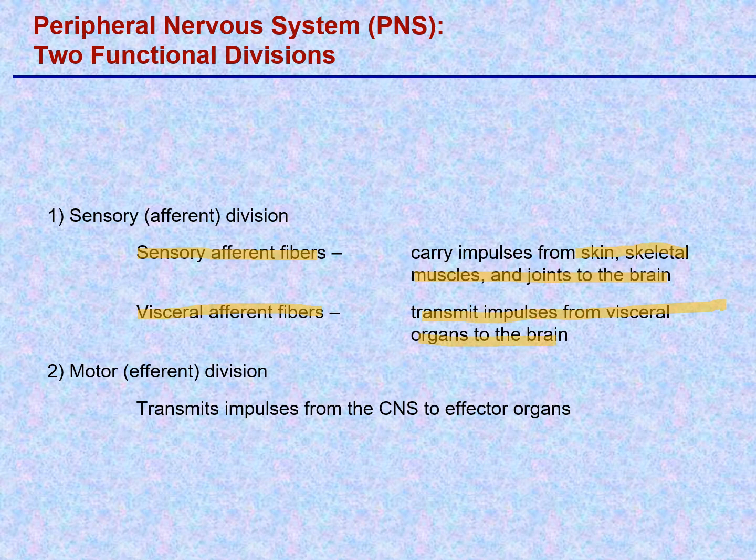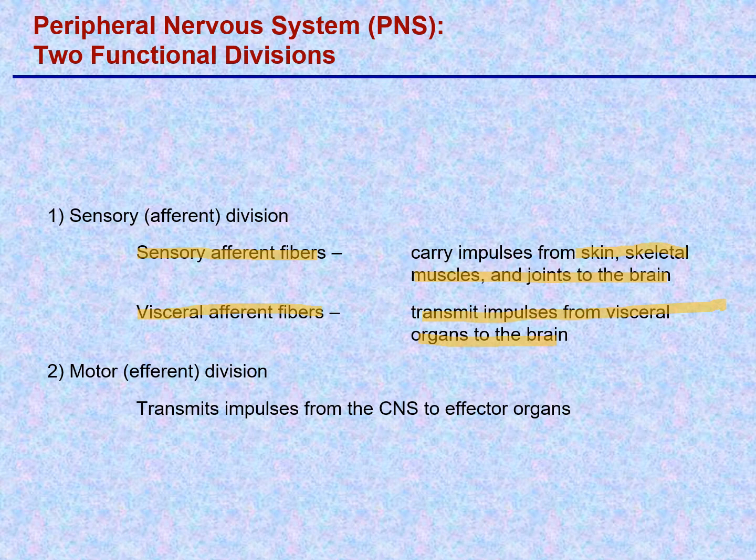So we're talking about organs within the thoracic cavity and the abdominal pelvic cavity, but also other organs, sensory organs that are non-skin, muscle, or joint, that are picking up information. So sensory afferent fibers and visceral afferent fibers are two separate parts of the sensory division.